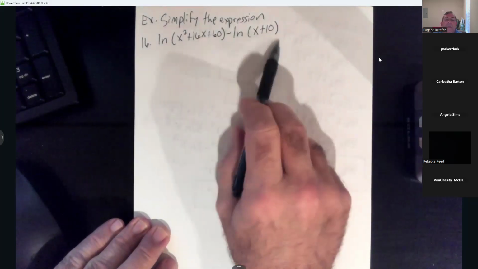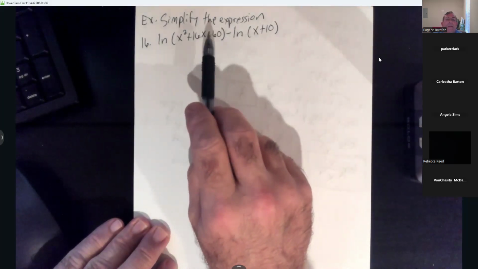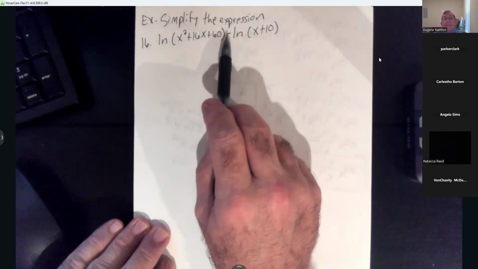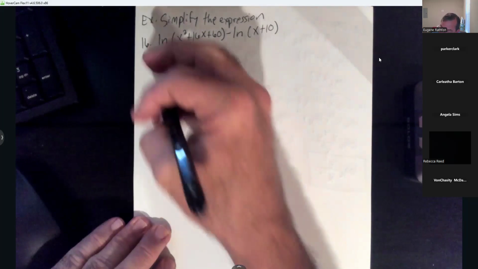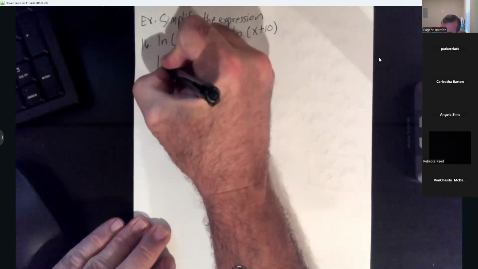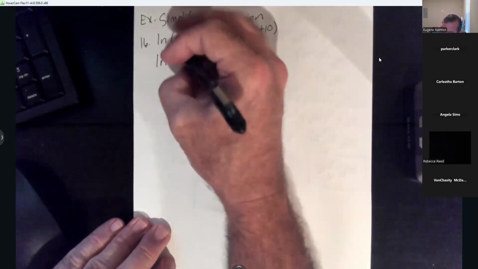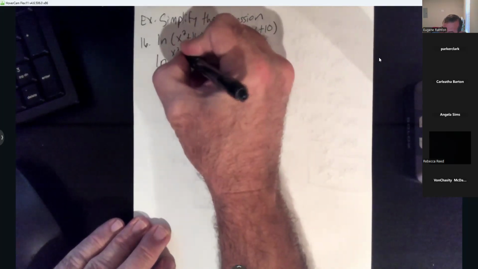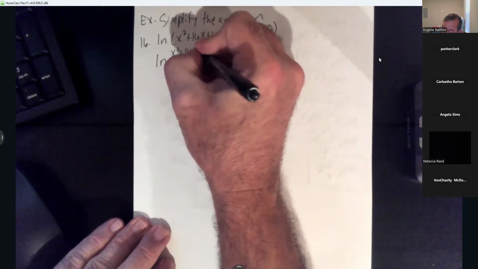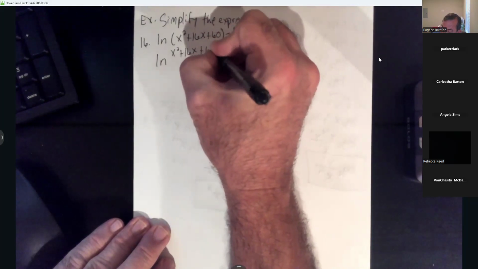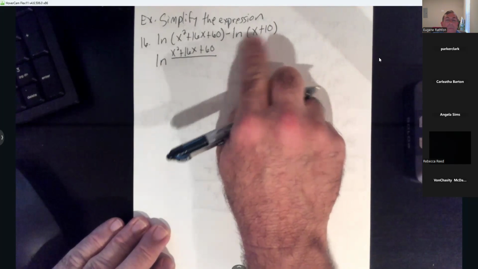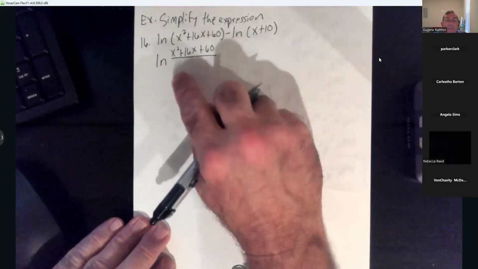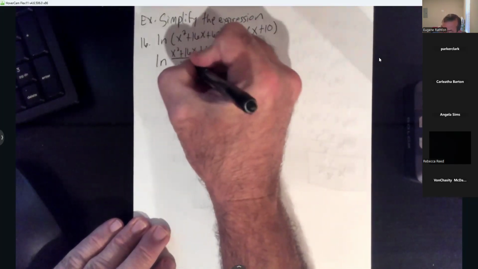All right, so I can't do nothing inside the parentheses. So I'm going to rewrite this. Since it's being subtracted, I'll rewrite this as a quotient. I'm going to have ln of x squared plus 16x plus 60 over, since this one's being subtracted, the x plus 10 goes to the bottom.